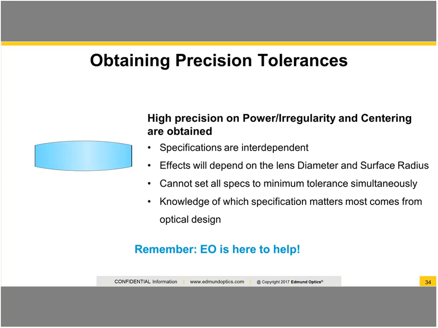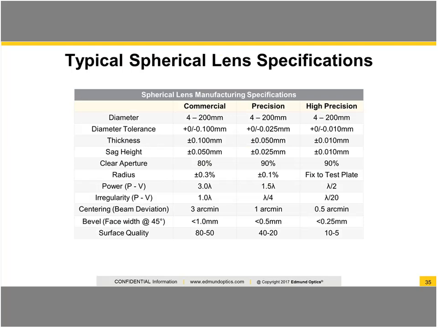And it's important for you to know which specifications in your particular application matter most, and that really comes from the optical design. Of course, that's a complicated process, so I'd encourage everyone to remember that EO is here to help. If you have any questions on how to optimally set the specifications on your design, I'd encourage you to pick up the phone and talk to some of our experts.